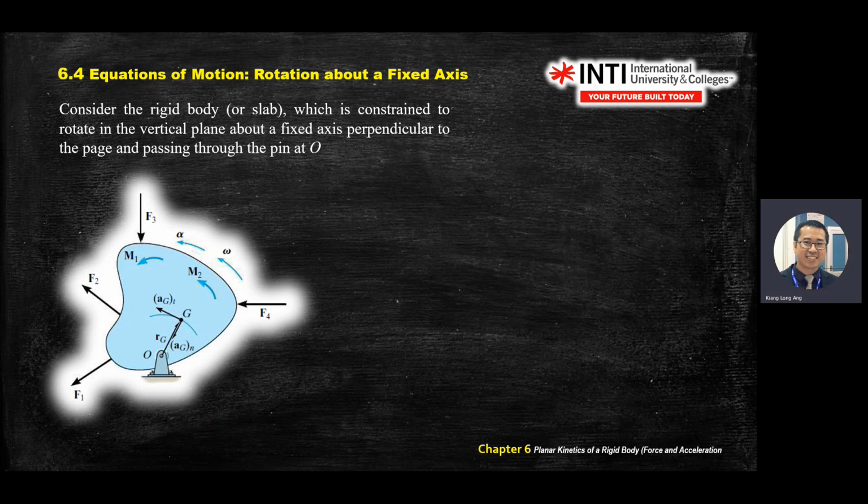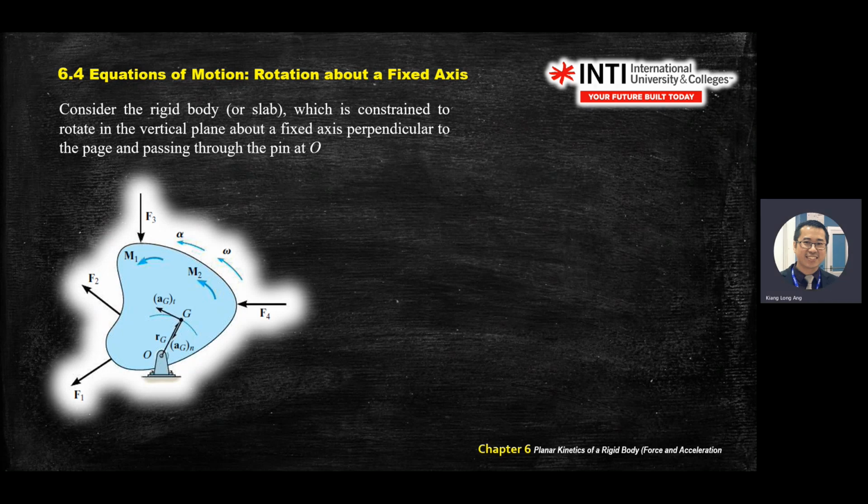In this case, rotation means your object is moving in a circular motion. So you're only seeing tangent and normal direction. And then recall the link between alpha and omega for tangent direction acceleration.